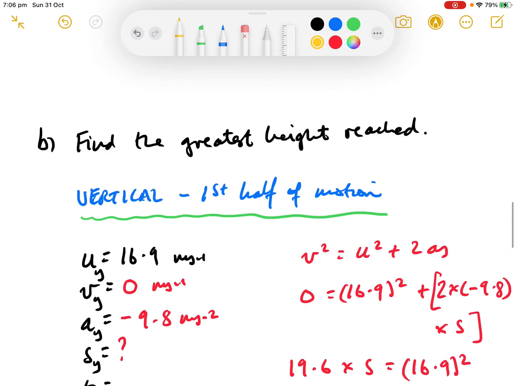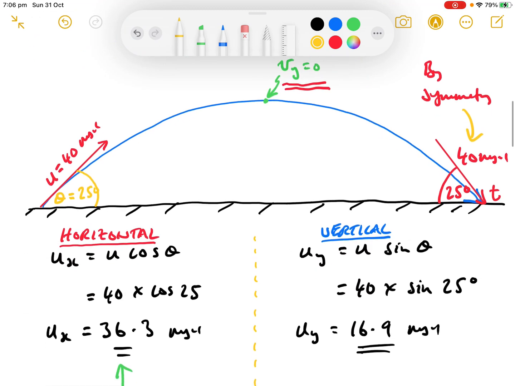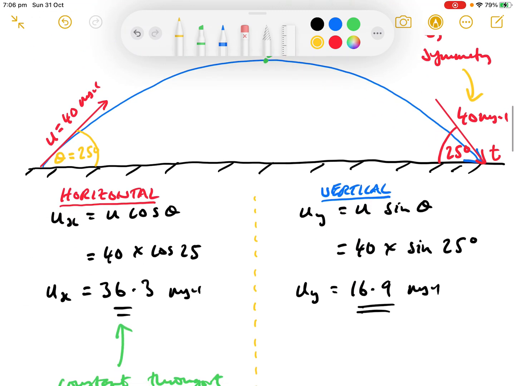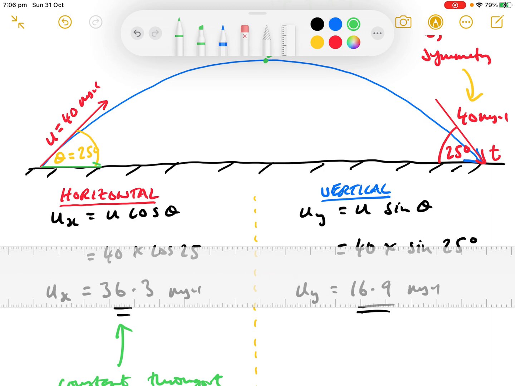And just before we leave this problem, if we go back to the original diagram, you can see the initial launch velocity. Let's just put in the components to show you how they add up. So if we were to put in our horizontal component of velocity, it would go along to there.